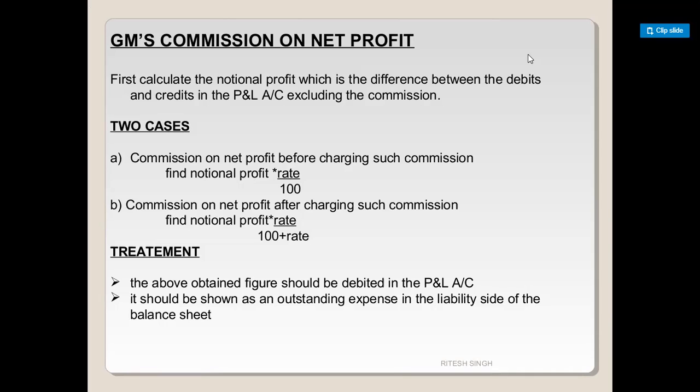The treatment for the above mentioned figure, that is, general manager's commission, should be debited to profit and loss account, and as it is not yet paid, it is treated as a liability and shown as outstanding expense in the liability side of balance sheet.